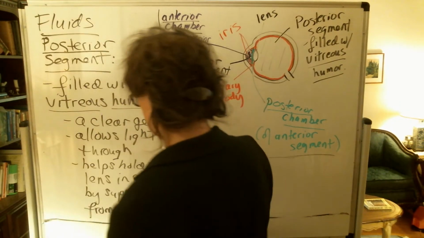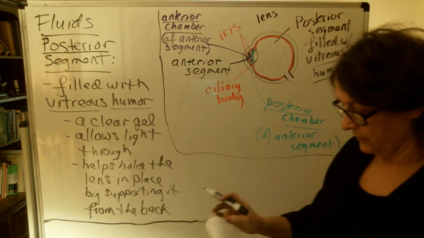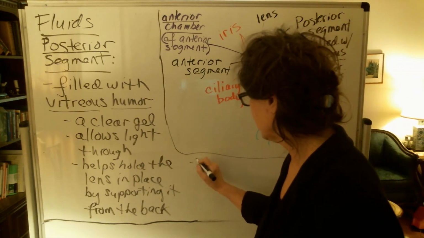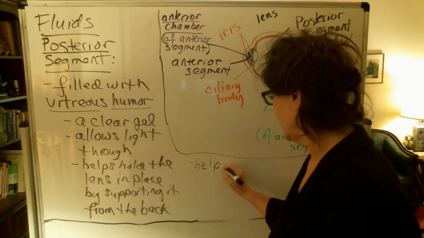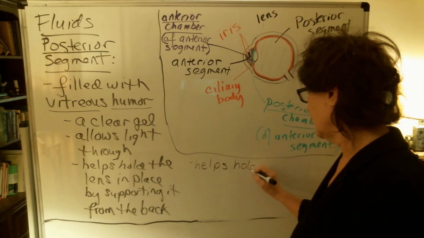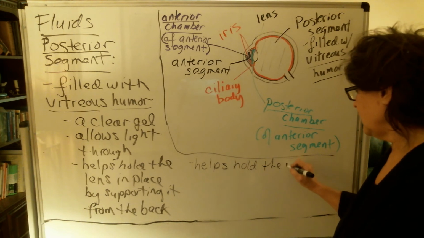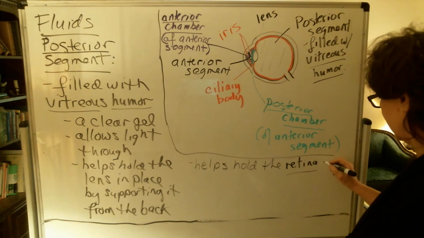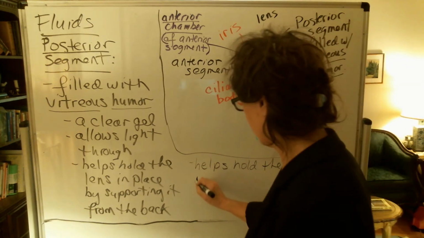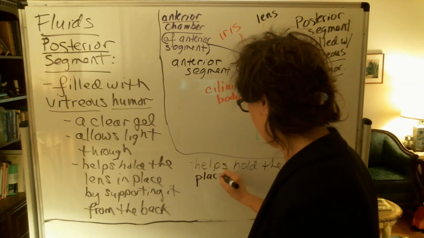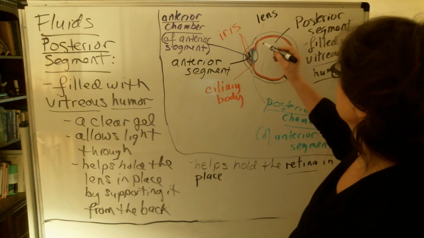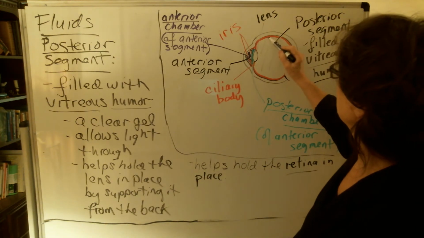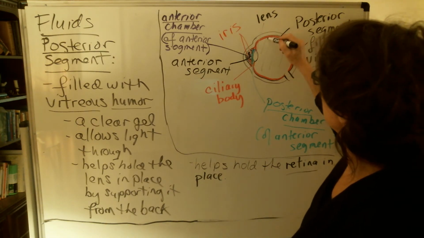Now, another thing that it does, carrying on with the vitreous humor then, is it also helps hold the retina in place. So the retina is the sensory tunic. I have not discussed it in detail yet, but the retina is all back here.